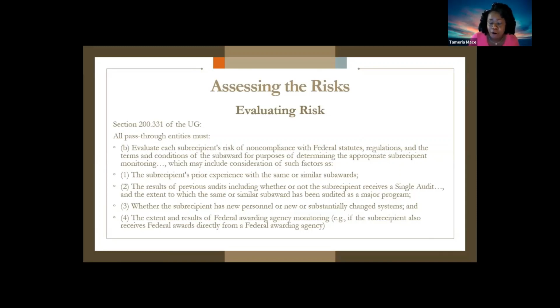This can be kind of problematic when we have startup companies. If you had a startup company that had never received a federal award, that would be something you would be concerned about, and you would probably look at that as a higher risk than a university that has received several awards. The audit is another big thing.